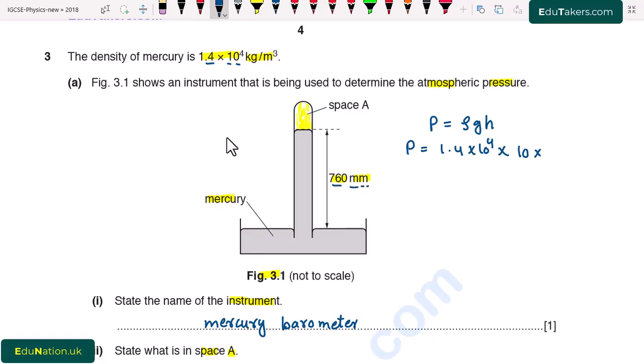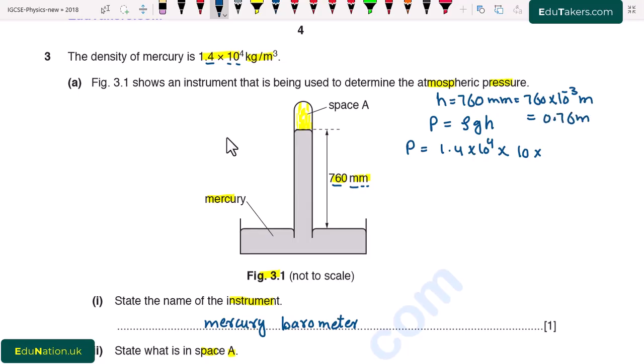First of all we have to convert this into meters. I write here h is equal to 760 millimeter, and it is equal to 760 into 10 to the power minus 3 meter, which is also equal to 0.76 meter.